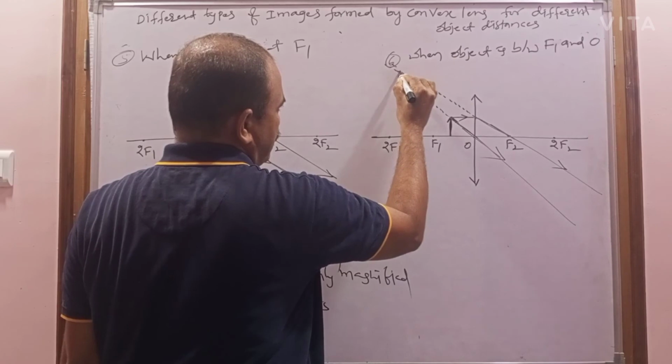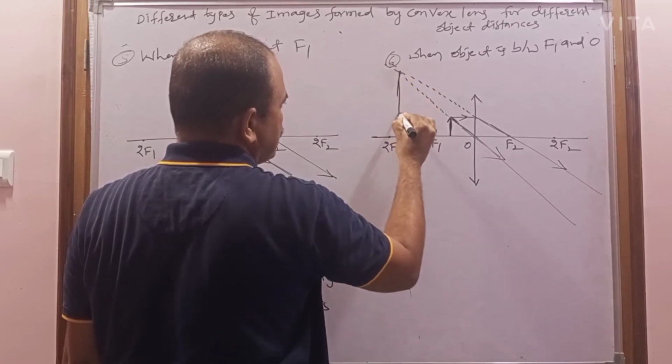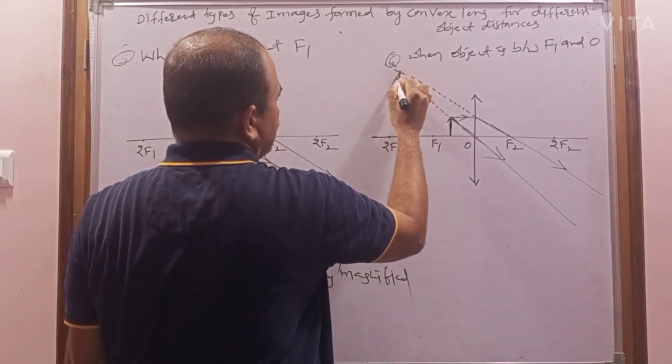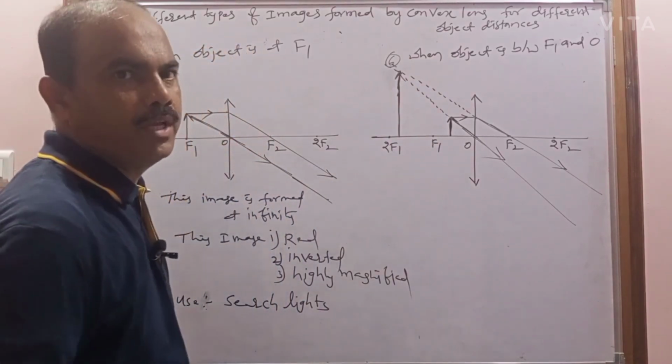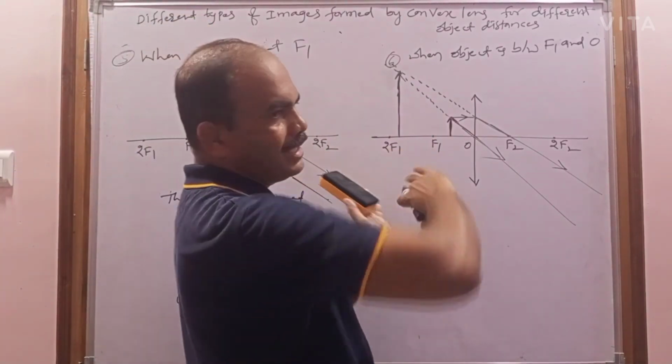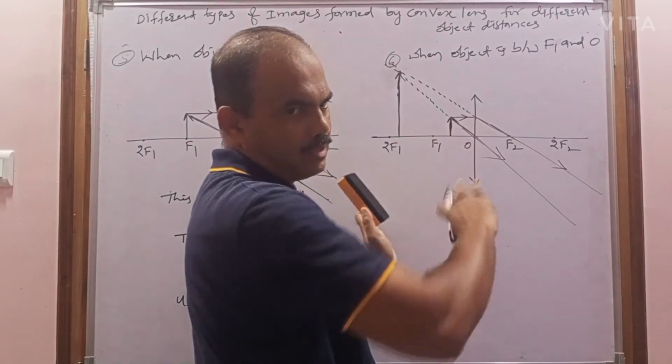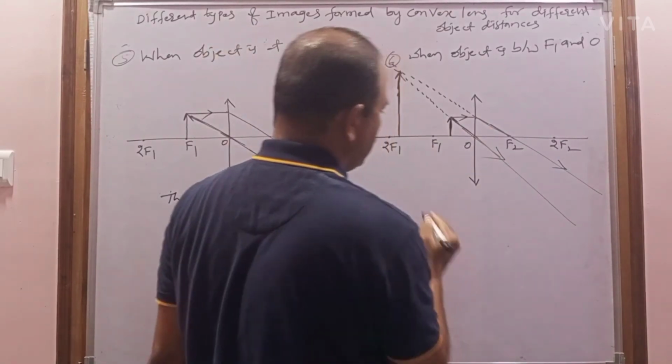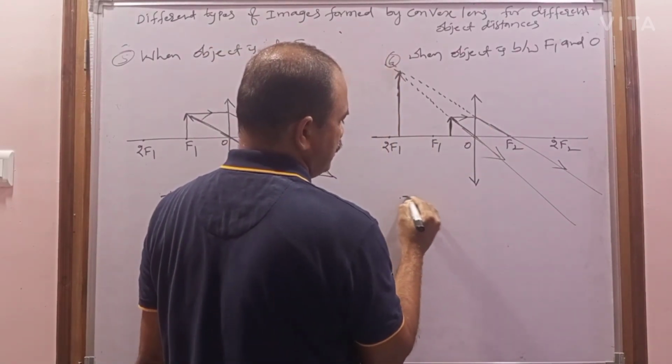So this type of image is called a virtual image, and the image is formed behind the lens.